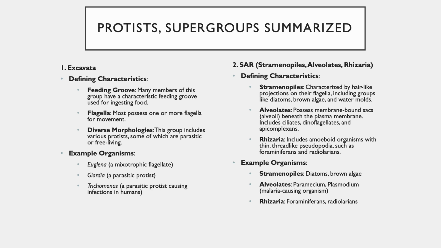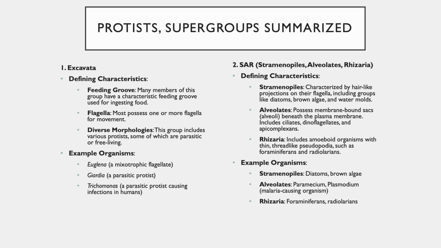The Excavata have characteristics such as a feeding groove. This gives them an opening upon which to ingest food, take in other food sources. Most of them also possess one or more flagella. This is present for helping them to locomote, helping them to move.